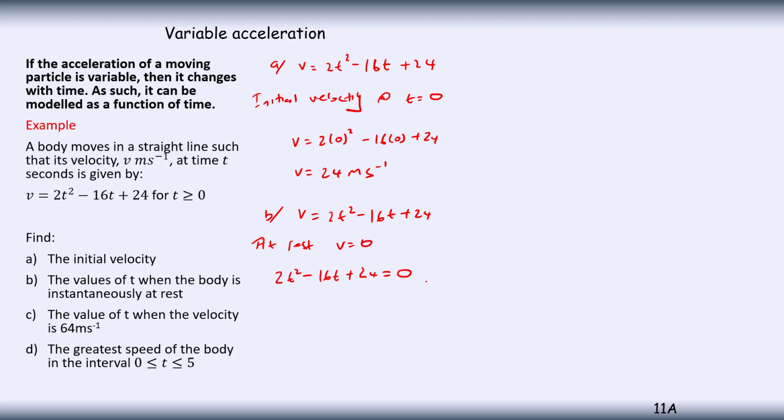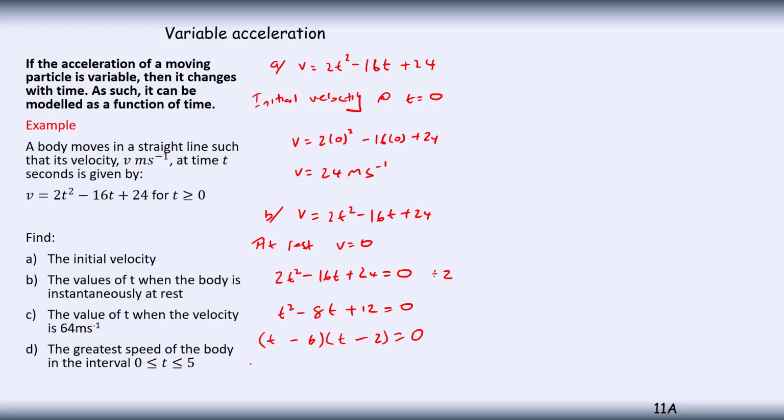First thing I want to do is to simplify this, so I'm going to divide through by 2, leaving me with t squared minus 8t plus 12 is equal to 0. And if I factorize that, I get factors of 12, 6 and 2, so minus 6 and minus 2.